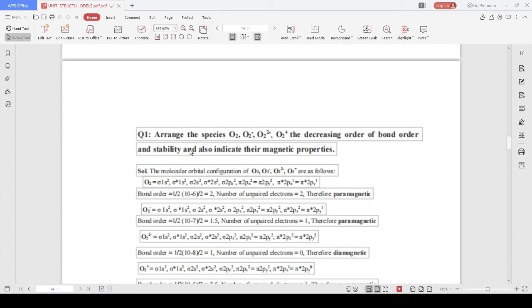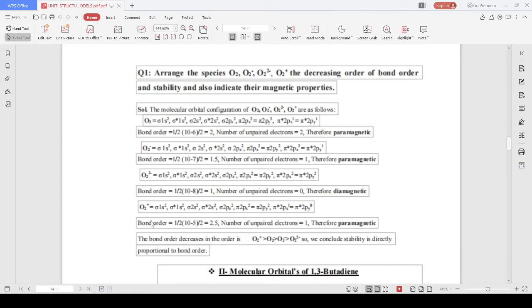And the last one is O2 plus. O2 plus means one electron is lost, giving a plus charge.